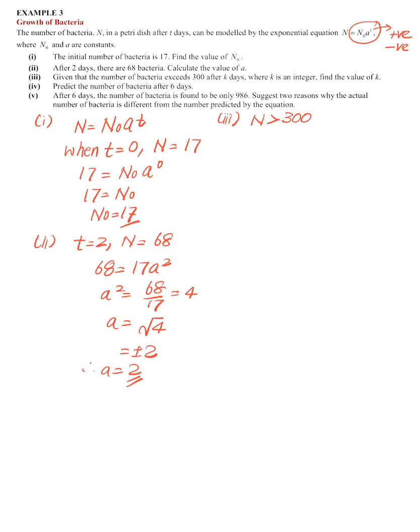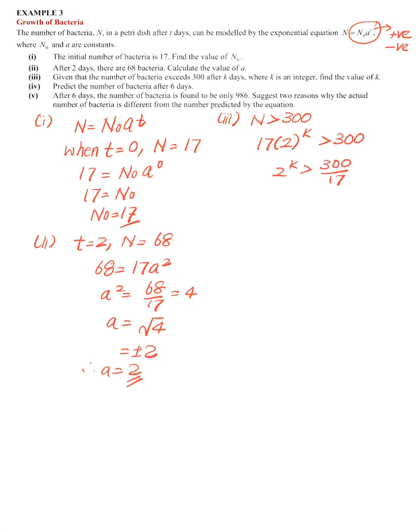So your equation, n is 17 times 2 to the power of t, where a is 2. t in this case is k number of days. So more than 300: 17 times 2 power k is more than 300, so 2 power k is more than 300 over 17.